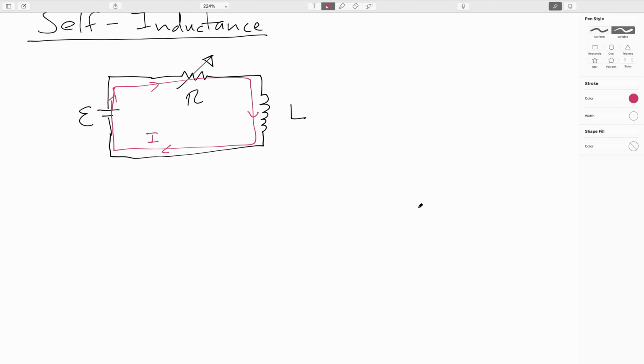So yeah, as you'd expect, if I decrease the resistance, the current does indeed go up. So that's our first little checkpoint. If the resistance goes down, the current is going to go up. All right. So if the current is going up, what does that mean for the magnetic flux through the inductor?